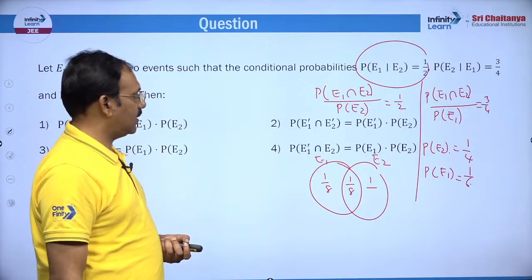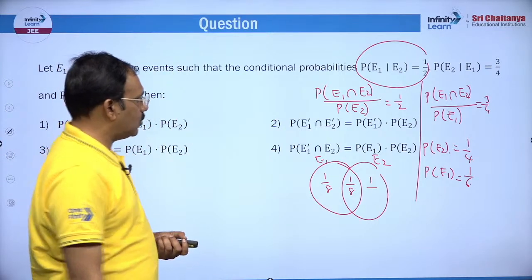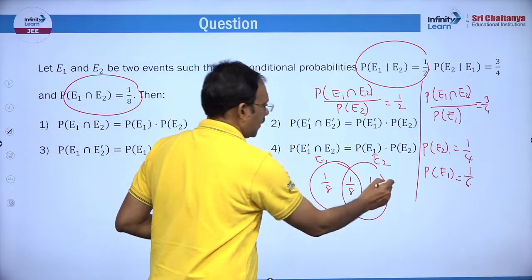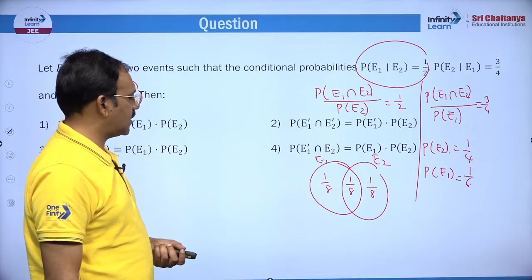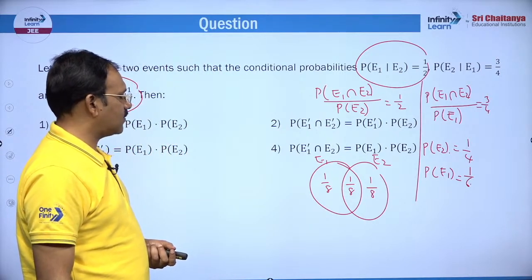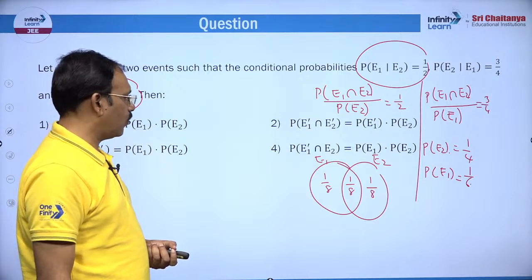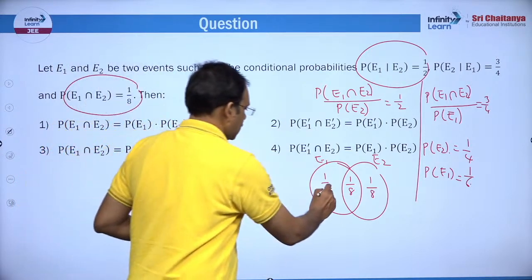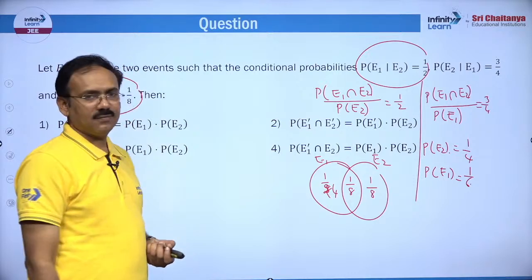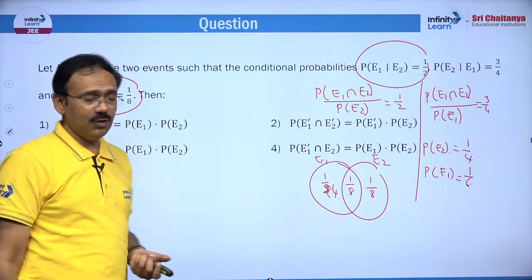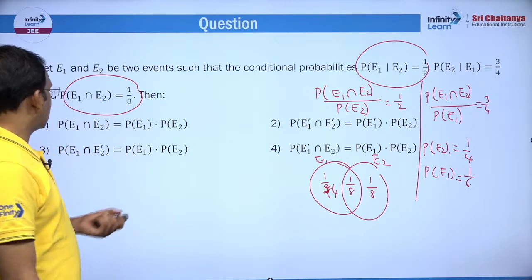Then similarly P of E2 is 1 by 4. P of E1 is 1 by 6, which means this is 1 by 6 minus 1 by 8, which is 1 by 24. Okay. Now you just go to the other things and check the options.